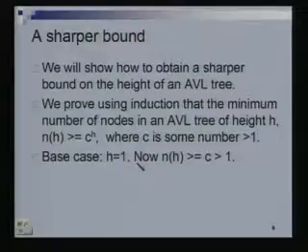H equals 1. n of h is 1. We want that this statement be true at h equals 1, right? Just one second. What have we said? We have said that the number of nodes is going to be at least as large as some constant multiplied by c to the power h.